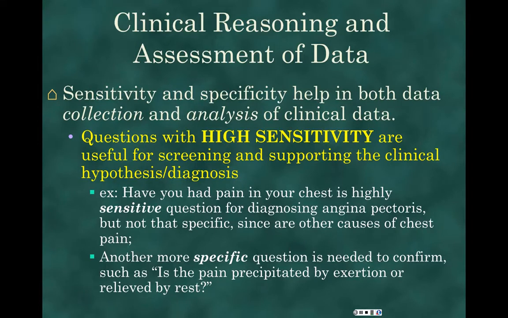For example, have you had pain in your chest is a highly sensitive question for diagnosing angina, but not that specific since there are other causes of chest pain. Another more specific question is needed to confirm, such as, is the pain precipitated by exertion or relieved by rest? That's a more specific question to angina, or MI.